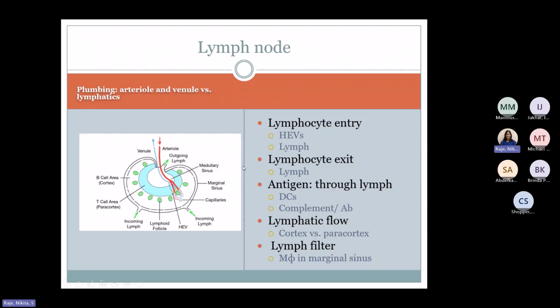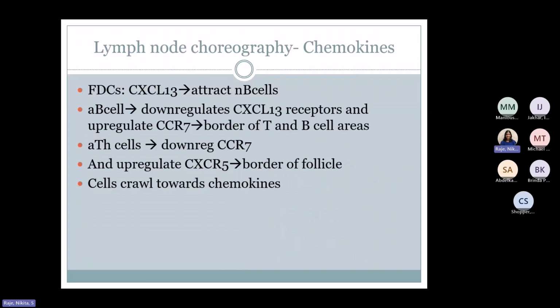Now, how do these cells know where to go? How do the B cells end up in the B cell region, and T cells end up in the T cell region? It's a very orchestrated, very organized flow of the cells. And that is because of chemokines. I think of chemokines and chemokine receptors as almost like GPS.